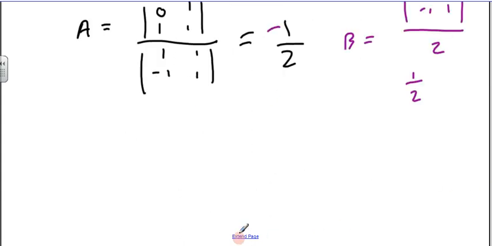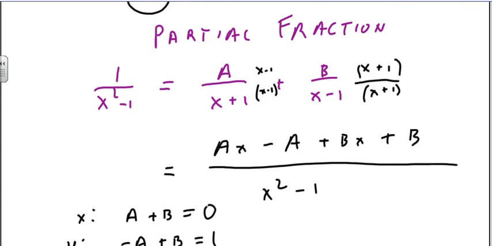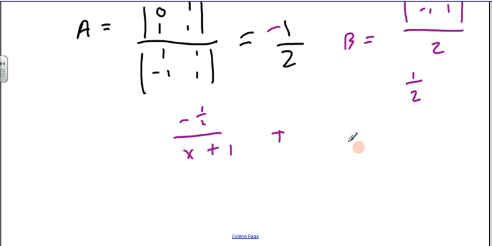So my partial fraction becomes minus a half over x plus 1 plus a half over x minus 1. Okay, and I say, well, what is that?